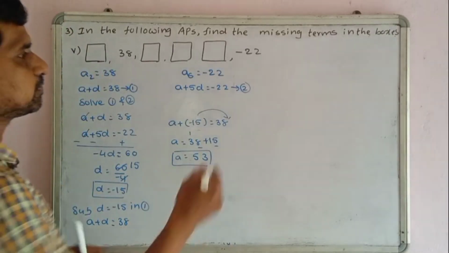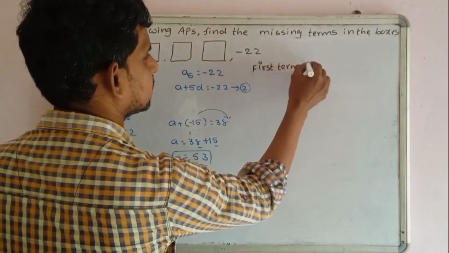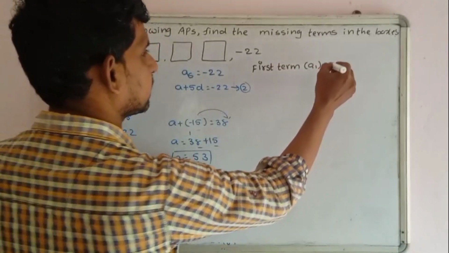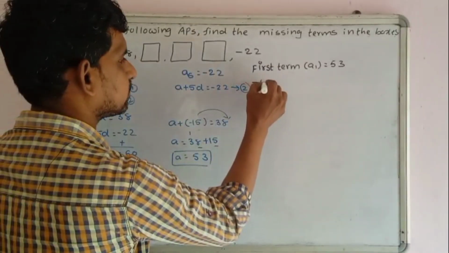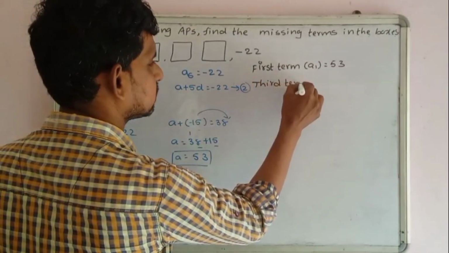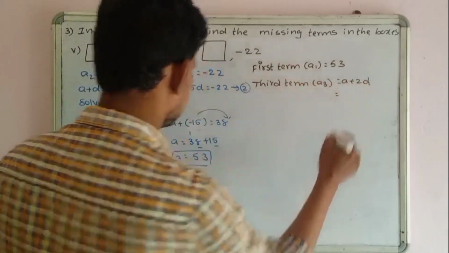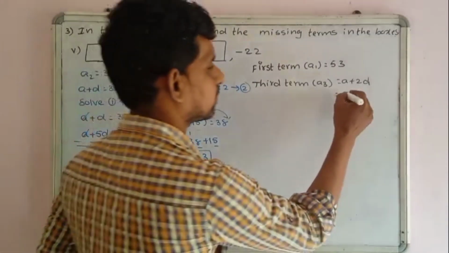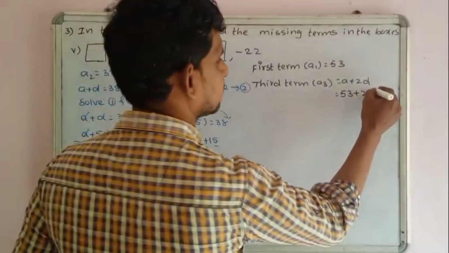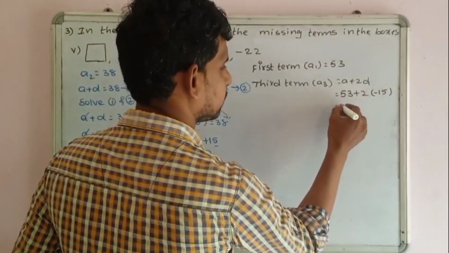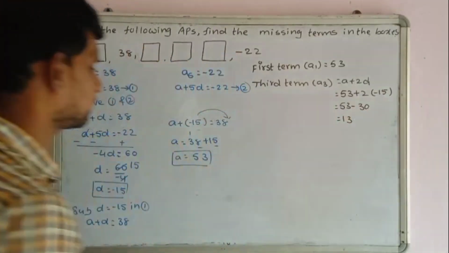So therefore first term, A1 equals 53. We know second term, third term, A3 equals A plus 2D. A value 53 plus 2, D value minus 15. So 53 plus, into minus is minus, 2 15s are 30, that is 23.